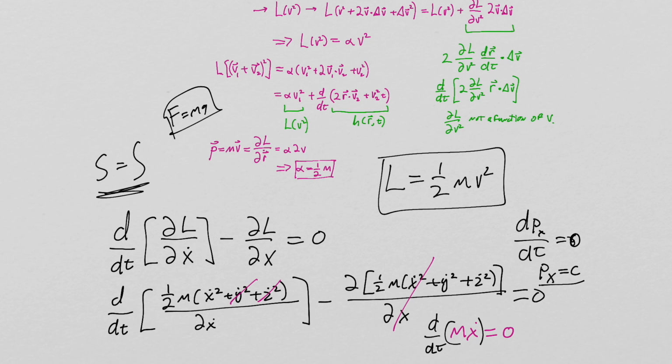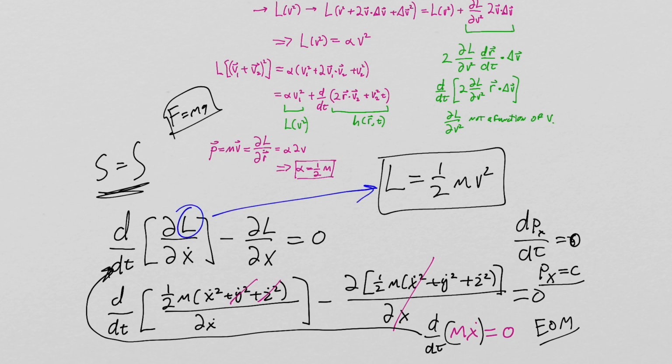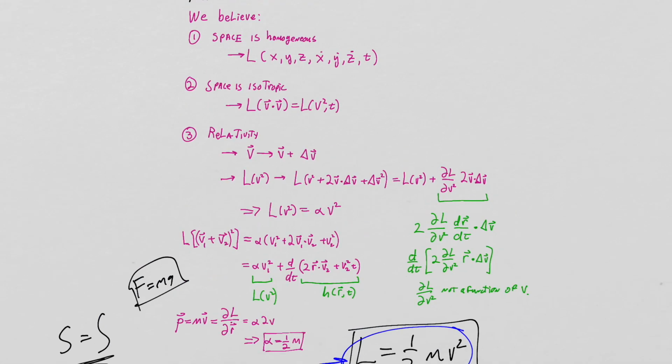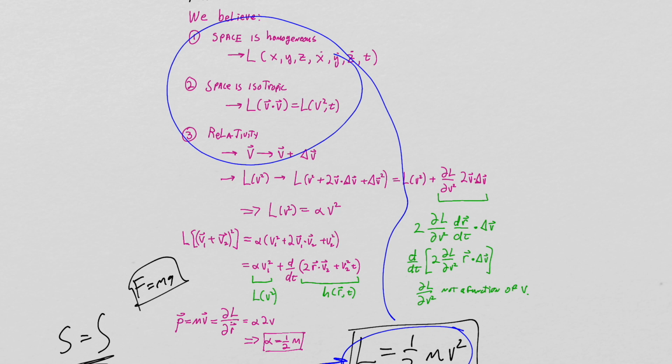This guy here is the equation of motion. It's the execution of the Euler-Lagrange equations given the correct Lagrangian, which we derived this way through our philosophical principles.